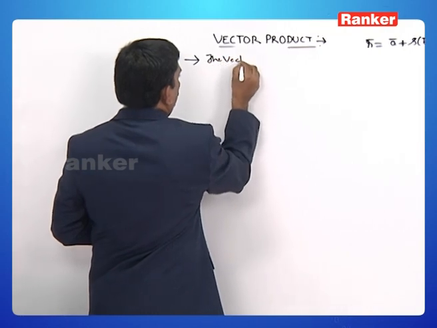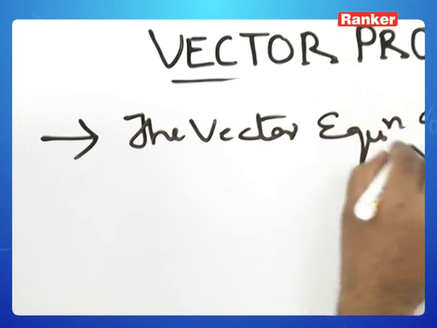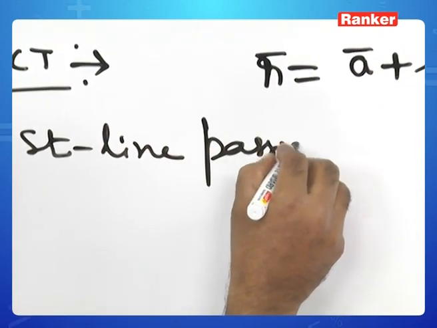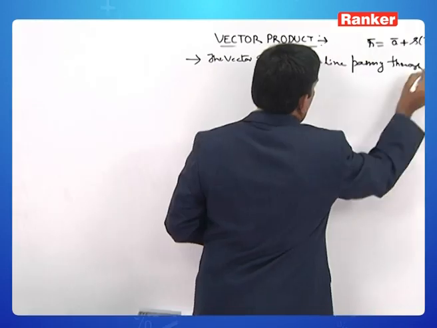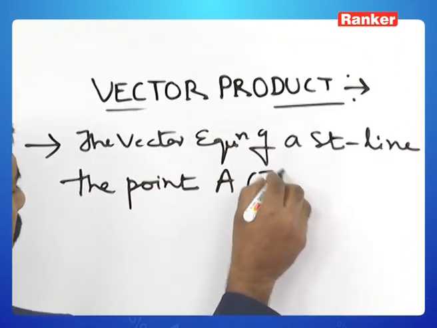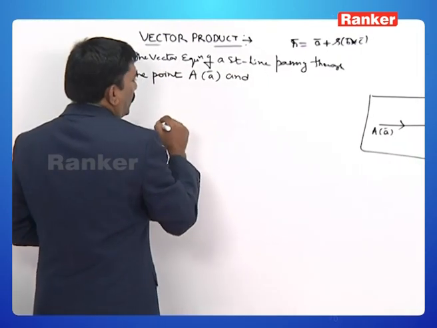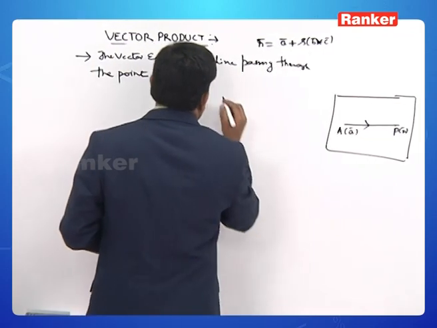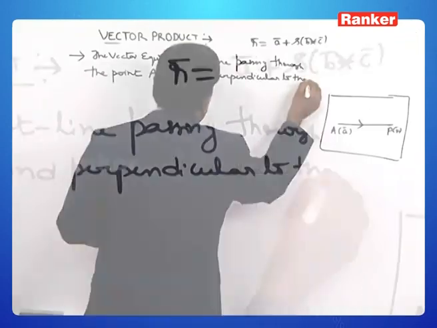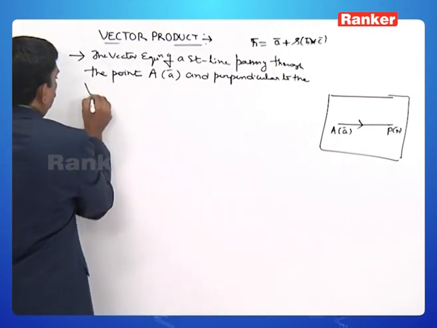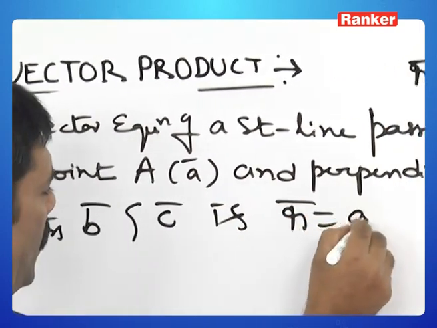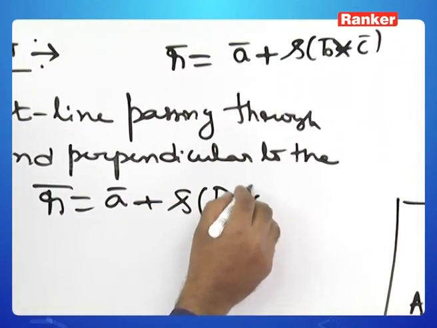The vector equation of a straight line passing through the point A of A bar and perpendicular to the vectors B bar and C bar is R bar equals A bar plus S into B bar cross C bar.